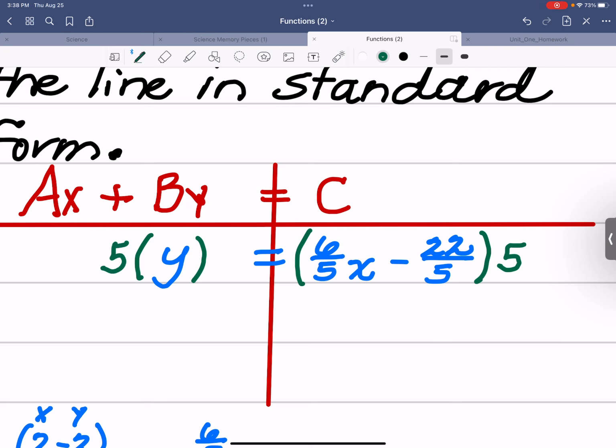And what that's going to do, when you multiply that 5 through, it's going to get rid of that denominator. So you would be left with 6x minus 22 and then a 5y on this side.